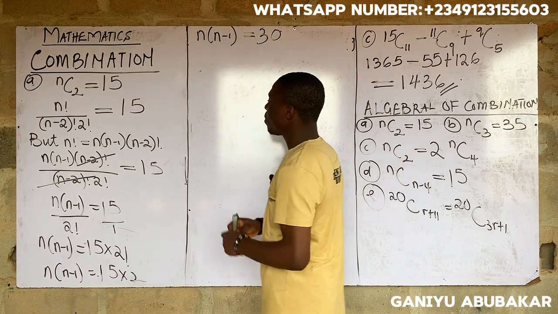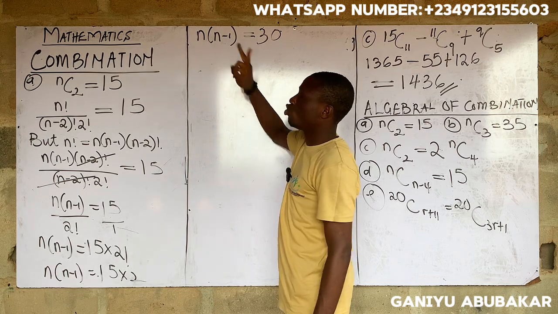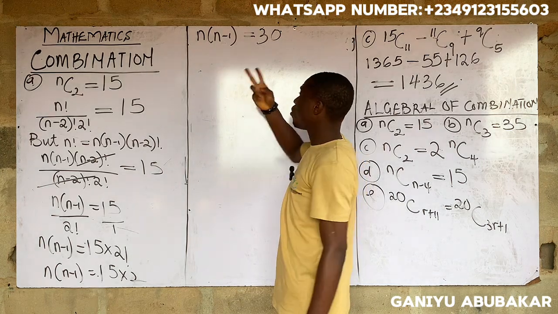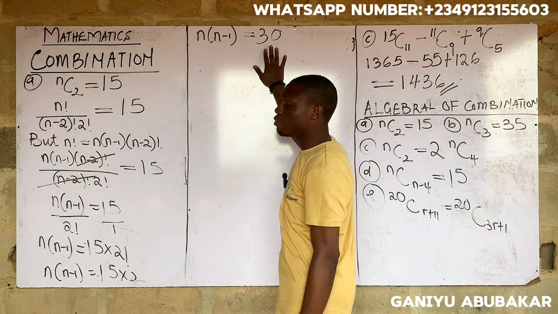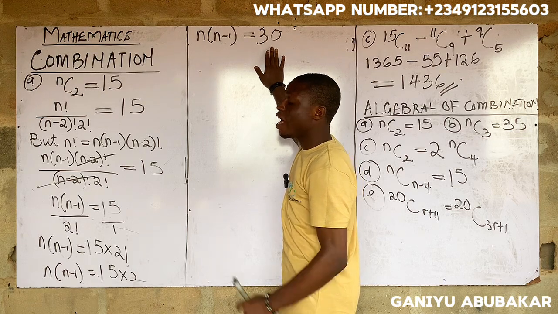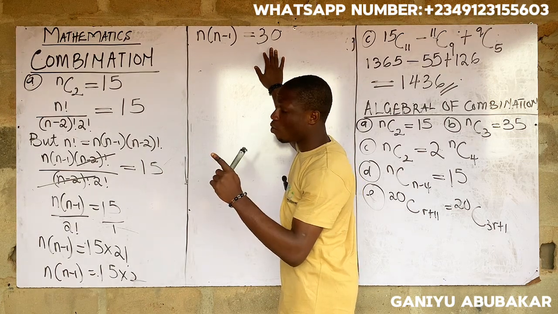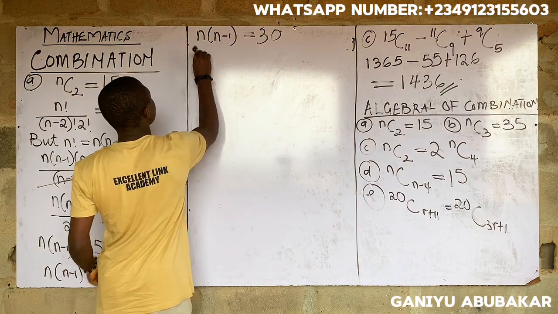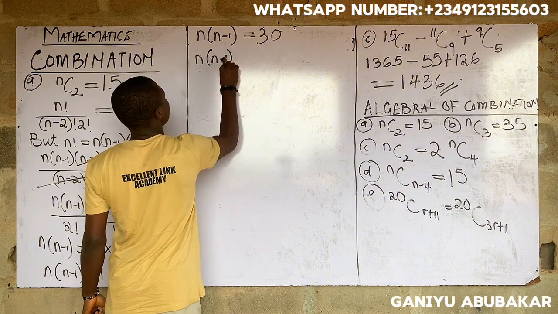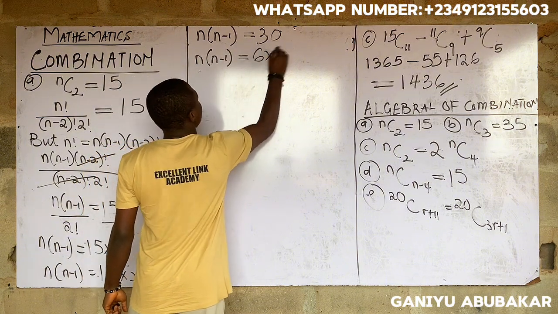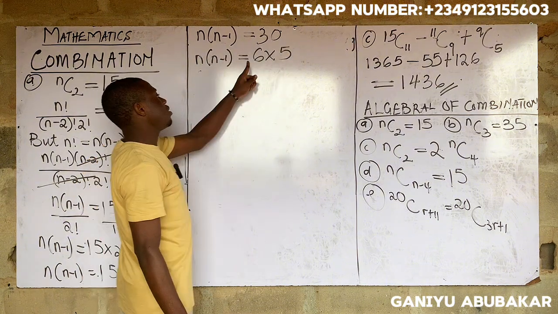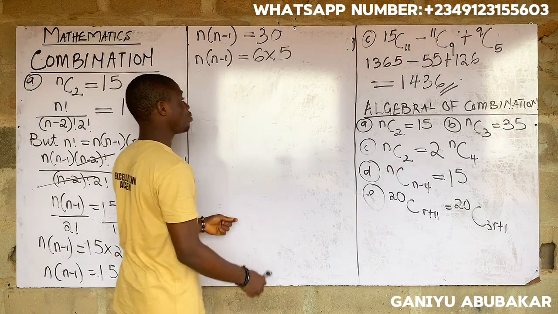So listen up, look for two numbers such that if you multiply them together, you have 30, and if you subtract them from each other, you have 1. So that becomes n into n minus 1 equal to 6 times 5 is 30. 6 minus 5 is 1. So that becomes what I'll use here.